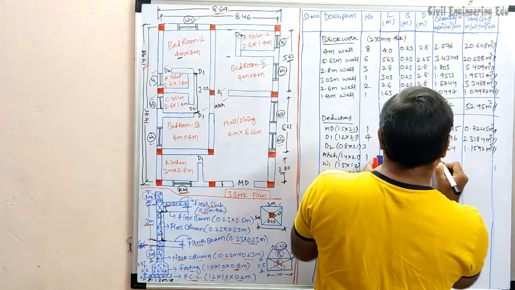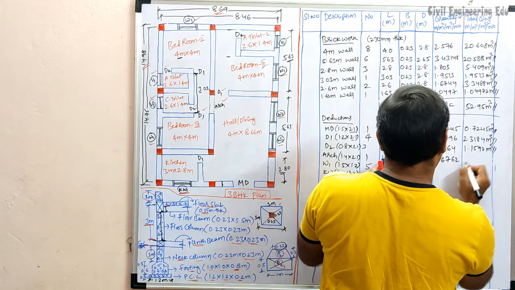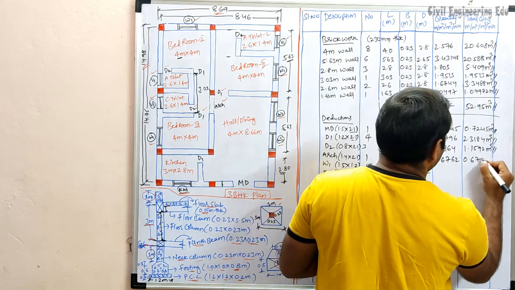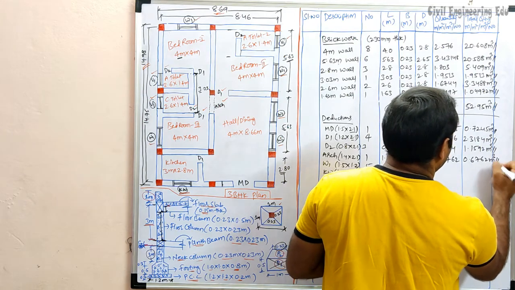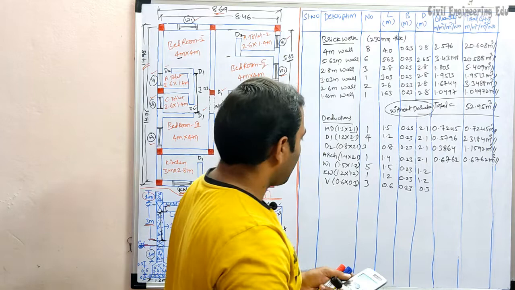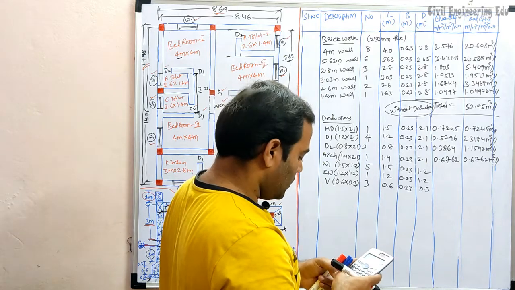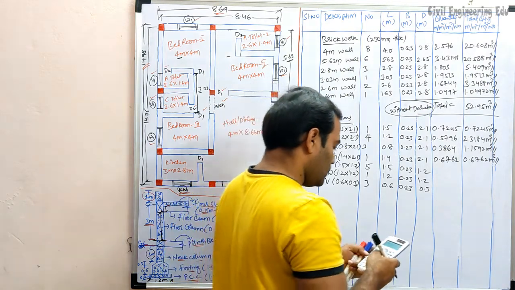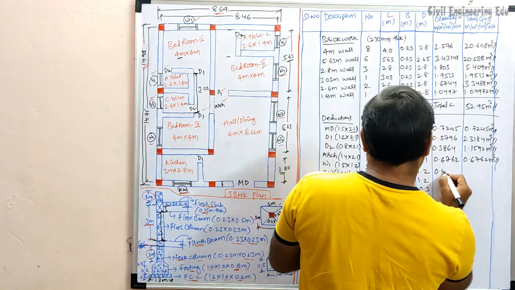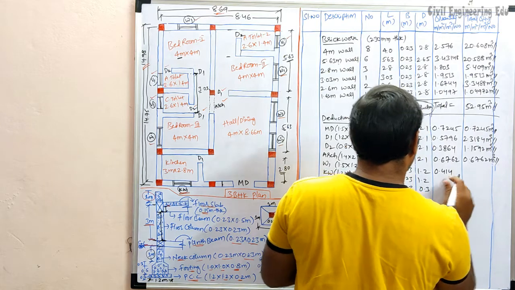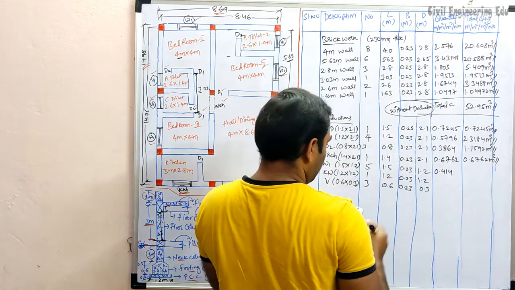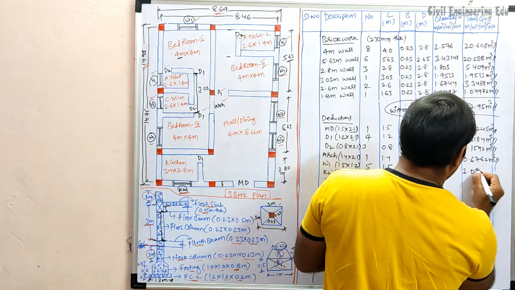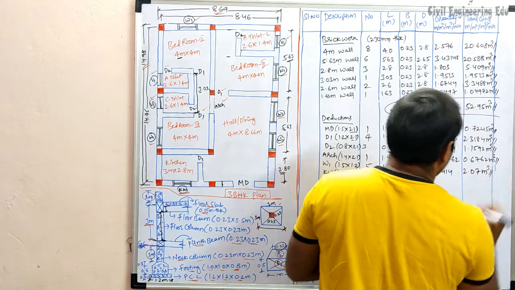Next similarly 1.4 into 0.23 into 2.1. So I got 0.6762 multiplied by one number, 0.6762 meter cube. Similarly 1.5 into 0.23 into 1.2, 0.414 multiplied by total 5 numbers, 2.07 meter cube.